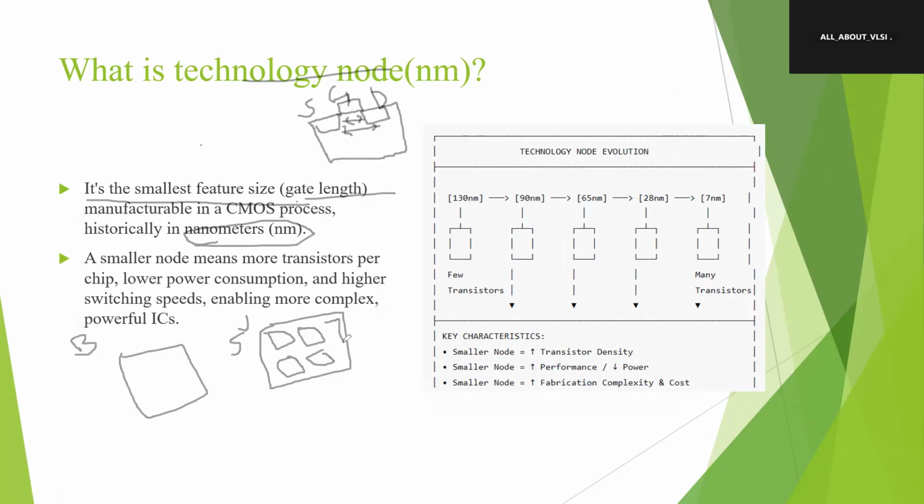So I can place more transistors in the same place. But coming to larger nodes, bigger nodes, my transistor size is big because my gate length is big.